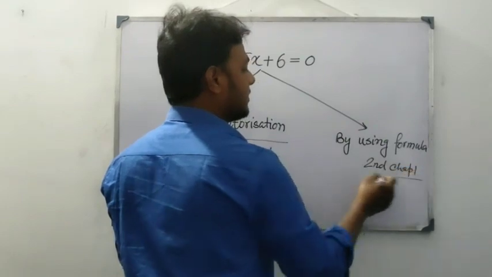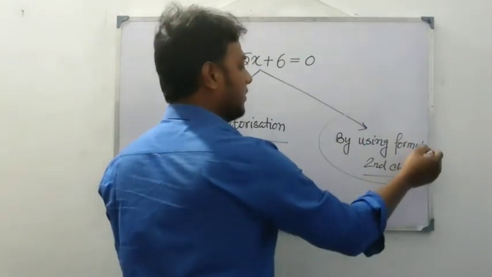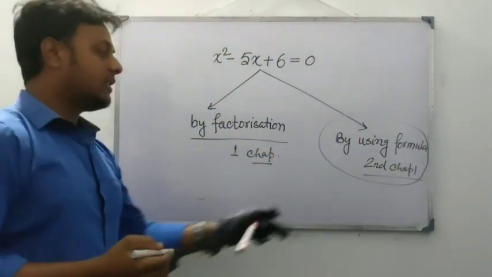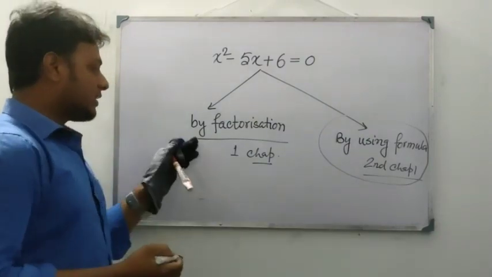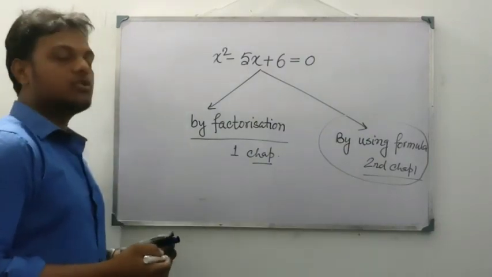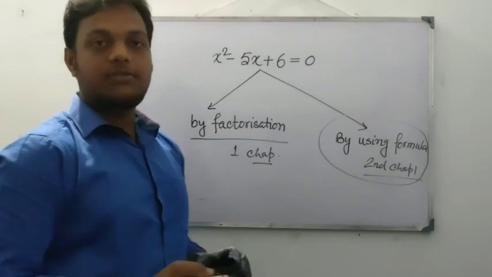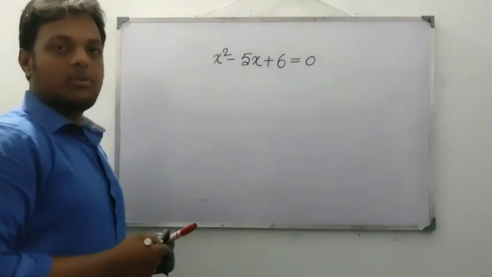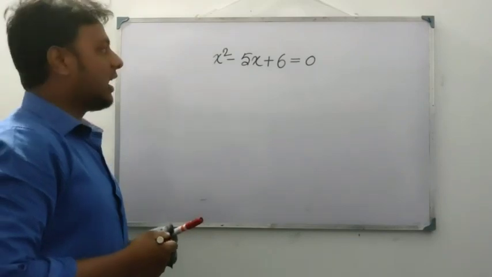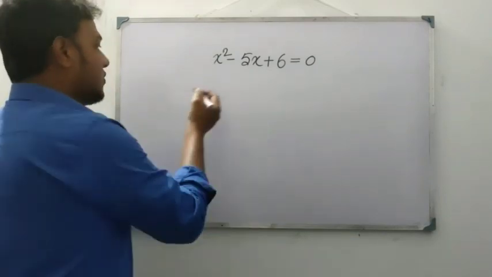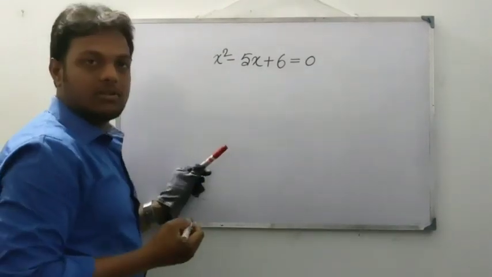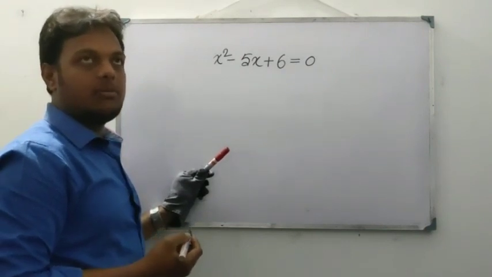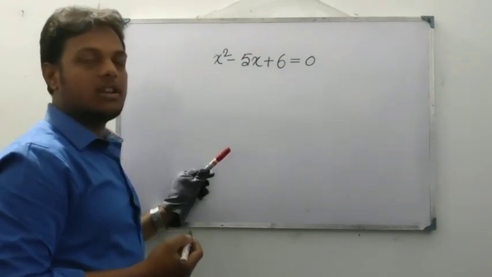I will discuss the formula part later. First we will discuss how to solve a quadratic equation by factorization, which means we have to take the help of factorization. The factorization chapter you have learned in class 9.